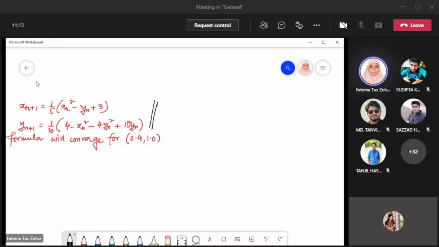Most recent value. So in this equation, have I used the most recent value or the previous set of values? Previous set of values. So that is Jacobi. So this one is the Jacobi iterative method, and it should be Gauss-Seidel.